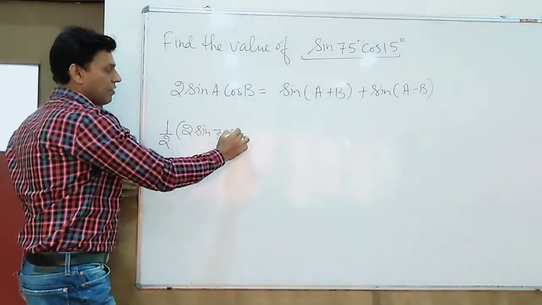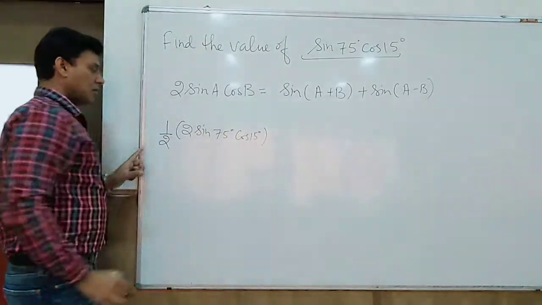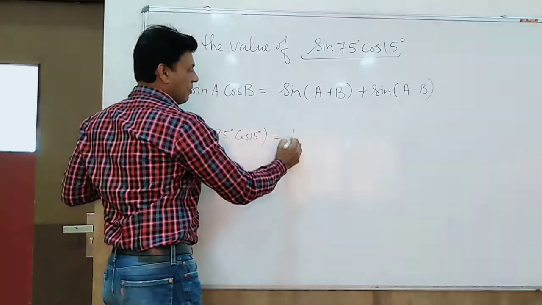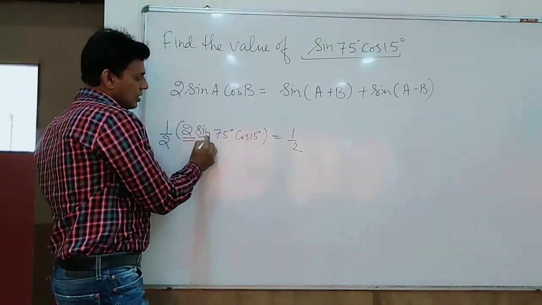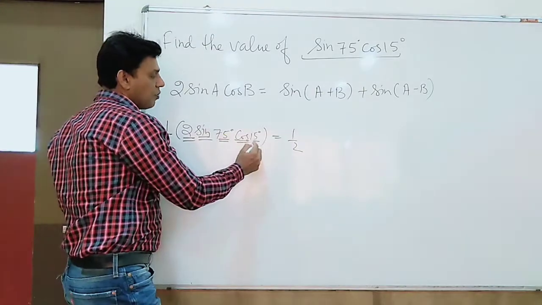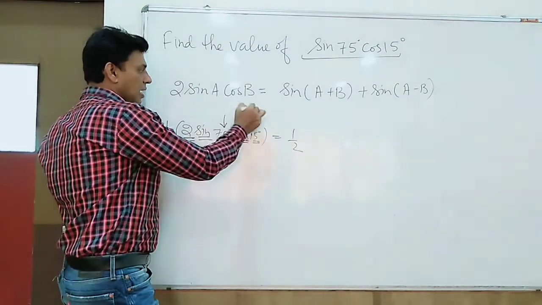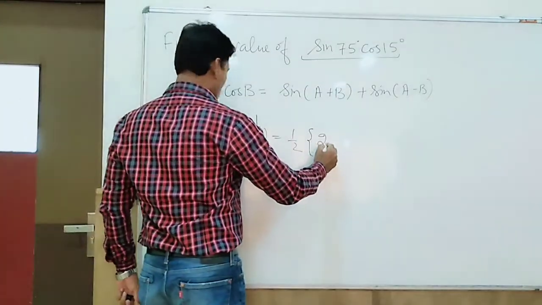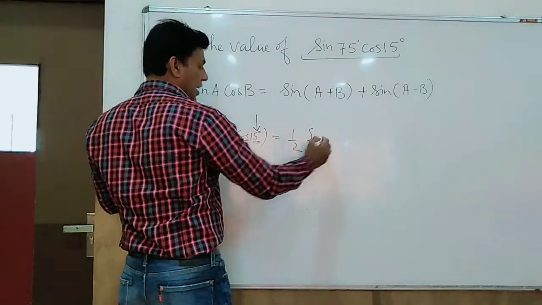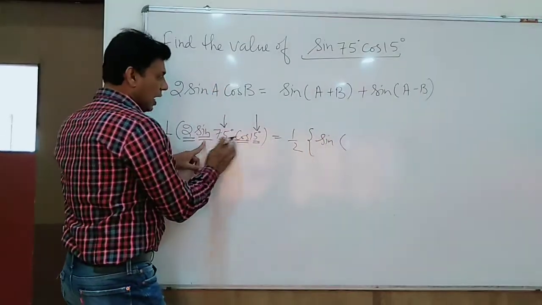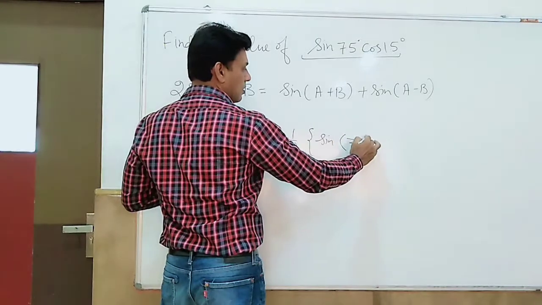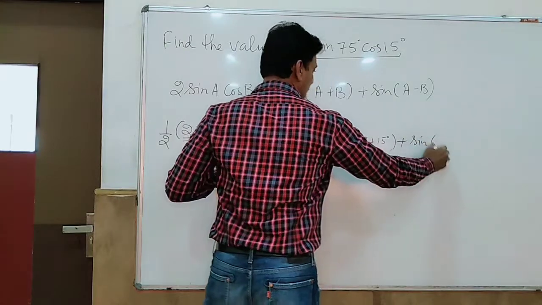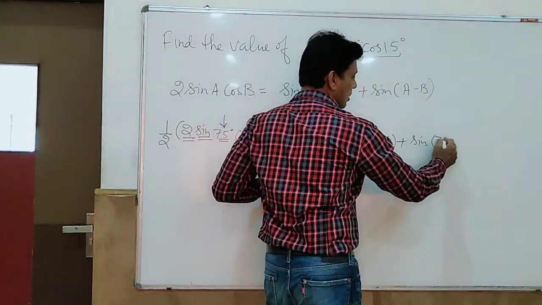We can write the given question like this: divide by 2 and multiply by 2. Now we can apply the formula of 2 sin A cos B, where this is A and this is B. So the formula is sin(A+B) plus sin(A-B).